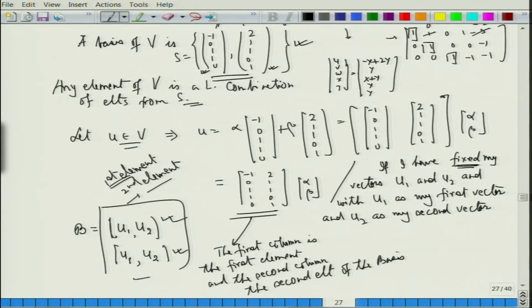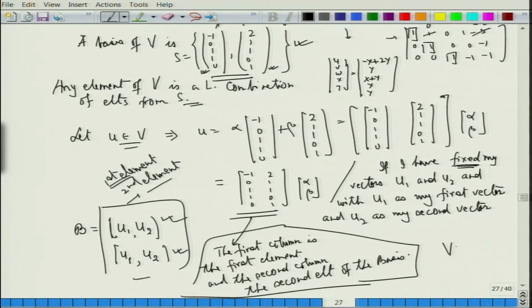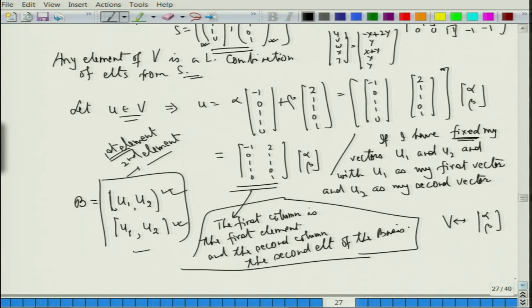Fine. So, once I fix this idea of what is my first and what is my second, I can just think of any element of V as just alpha beta. And with this idea I can say that the vector E1 which corresponds to 1 0 is basically U1 for me, and E2 which corresponds to 0 1 is the vector U2 with me.